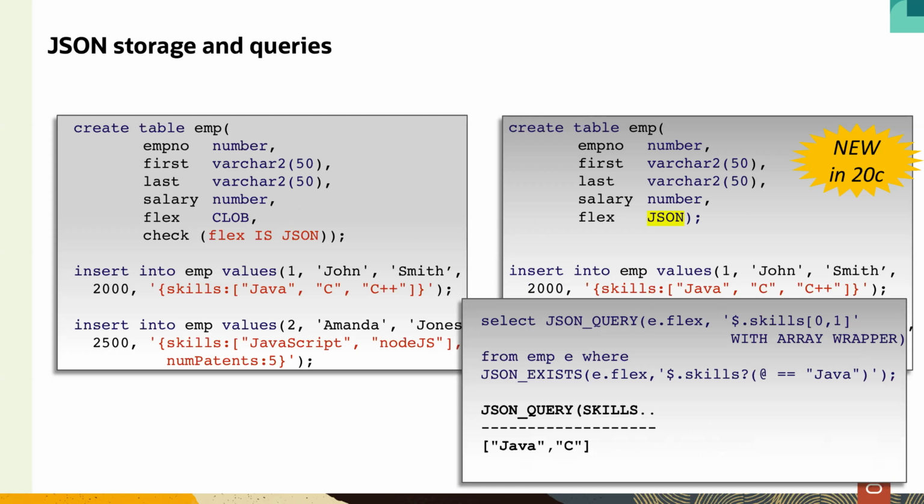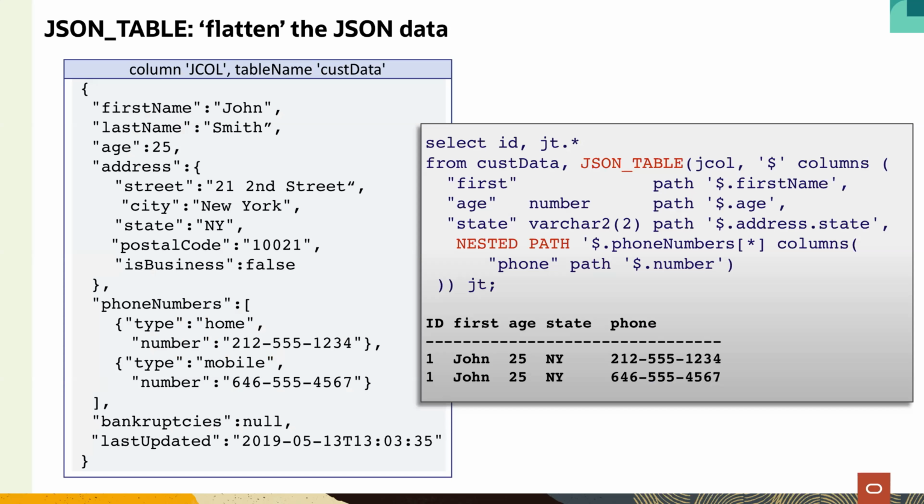Let's look at a very common operation that many customers use that is called JSON table. So I store my JSON in the database in a column. Here it's the example that I used to introduce JSON. Let's say this is stored in a column called JCall, and the table is called custdata for customer data.